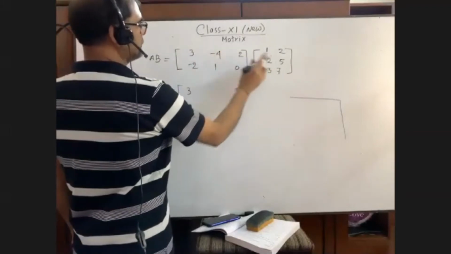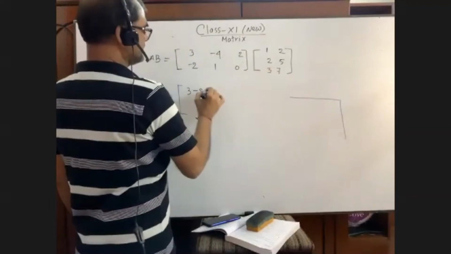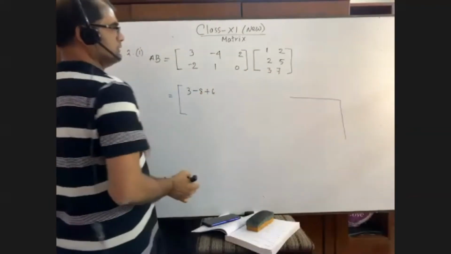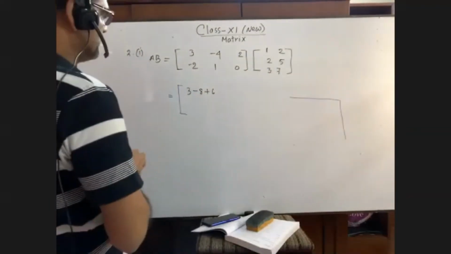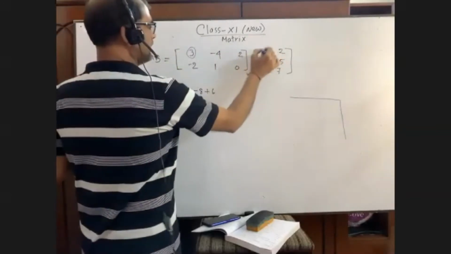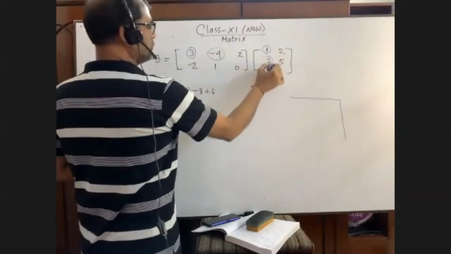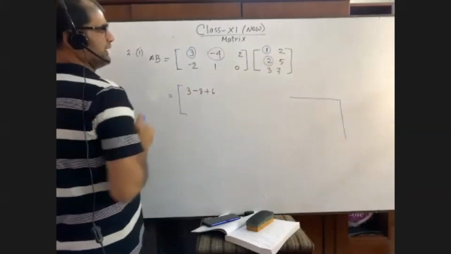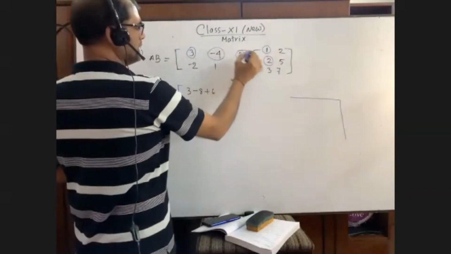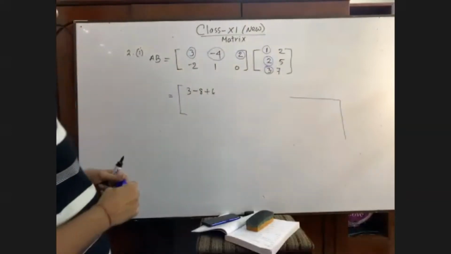Minus 4 into 2, that is minus 8. 2 into 3, that is plus 6. Have you got it? I am showing you again. 3 and this 1, you multiply it, 3. Minus 4 and this 2, you multiply it, minus 8. 2 into 3, you multiply it, you will get 6. Have you got it?